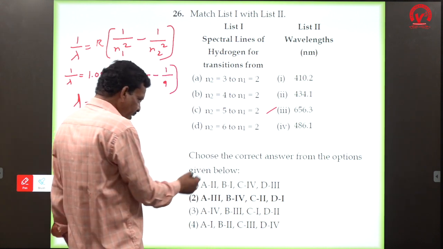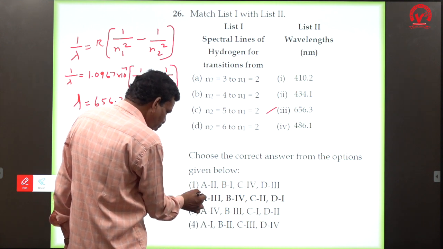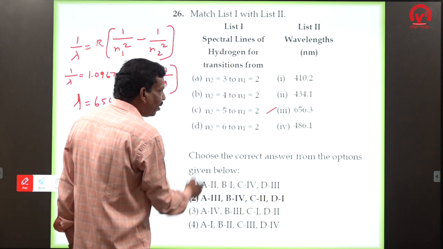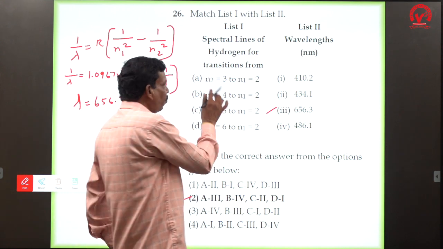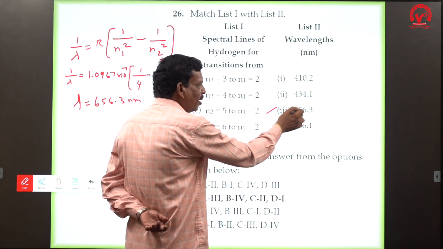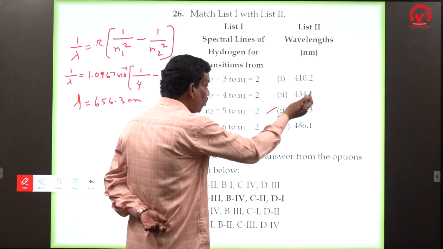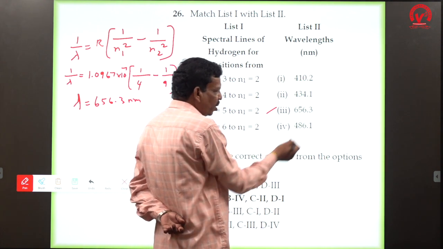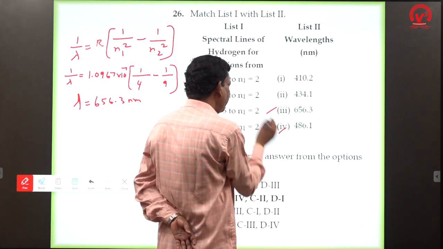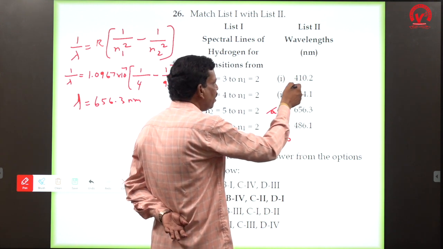Now see, for A the options are second, third, fourth, 1, so only one chance we have. That is, A is the third option. Actually, for lower frequency the wavelength is somewhat more, 656. Next, the next highest value is 486, this is for B. Next, which one is greater?